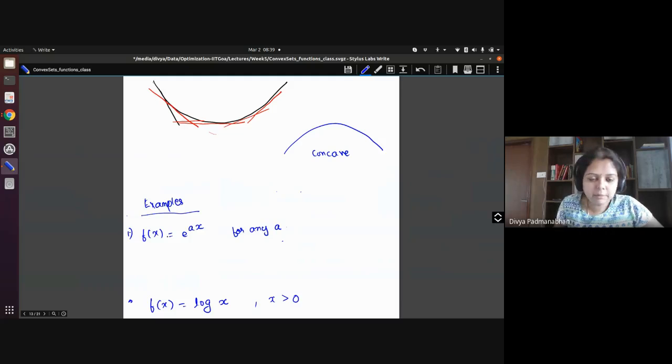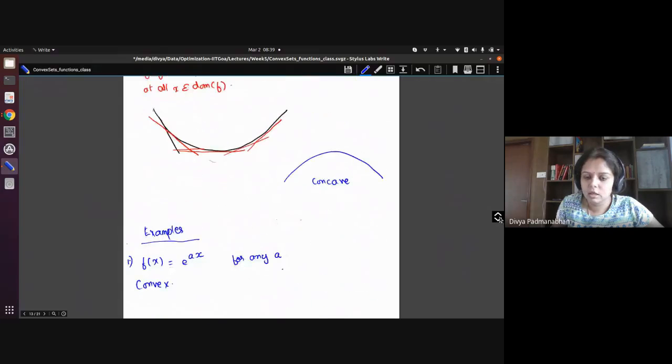So the first example is the function e power ax for any a you take. This is a convex function. How you can show it is that this second order condition helps you. If you take the first derivative, what do you get?